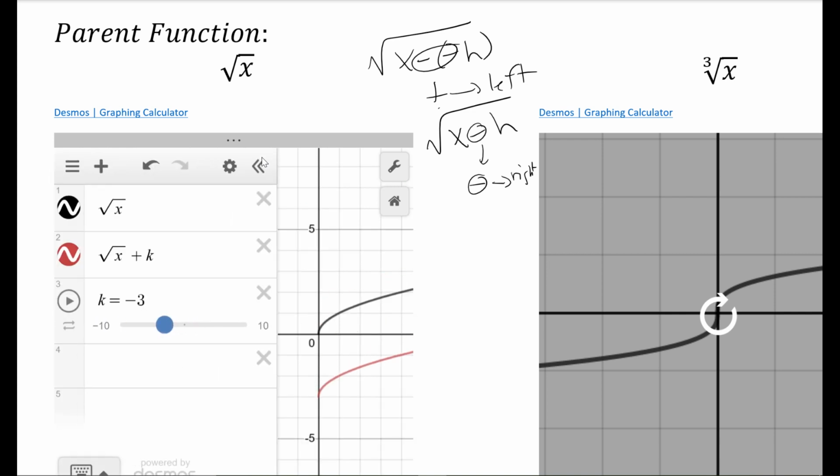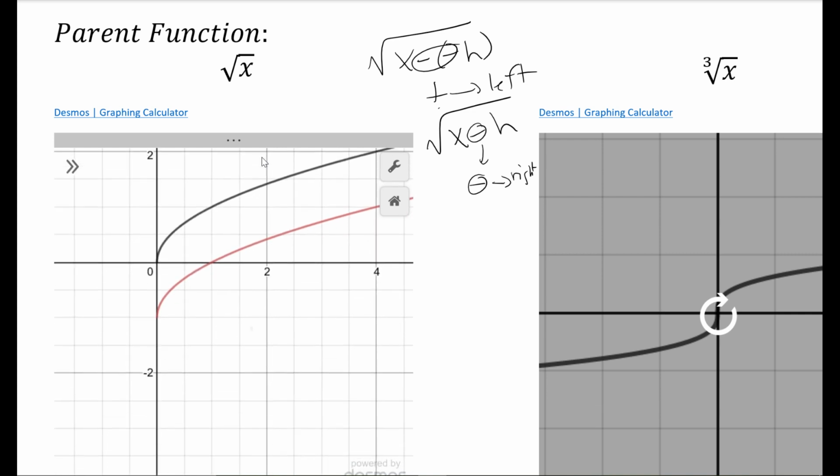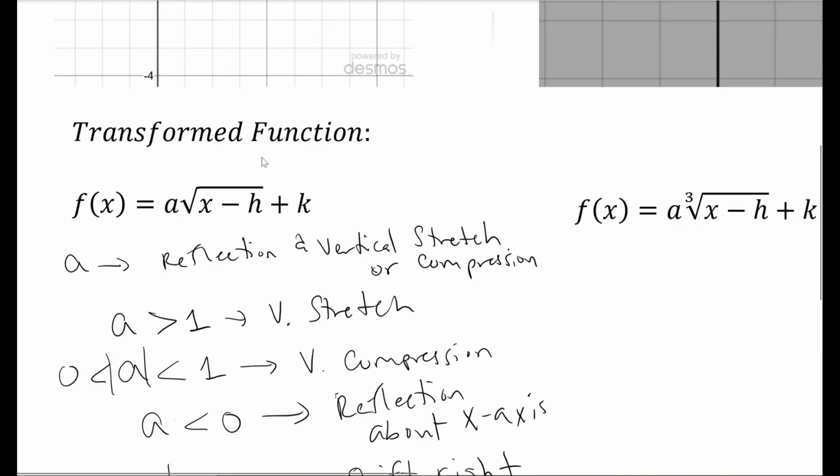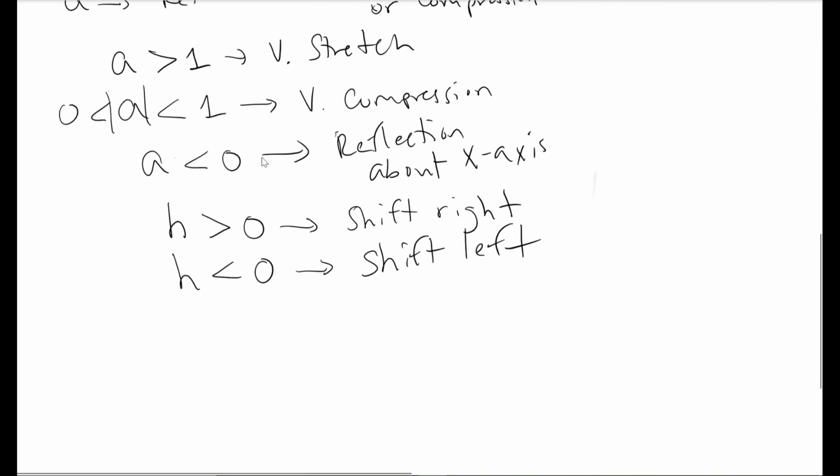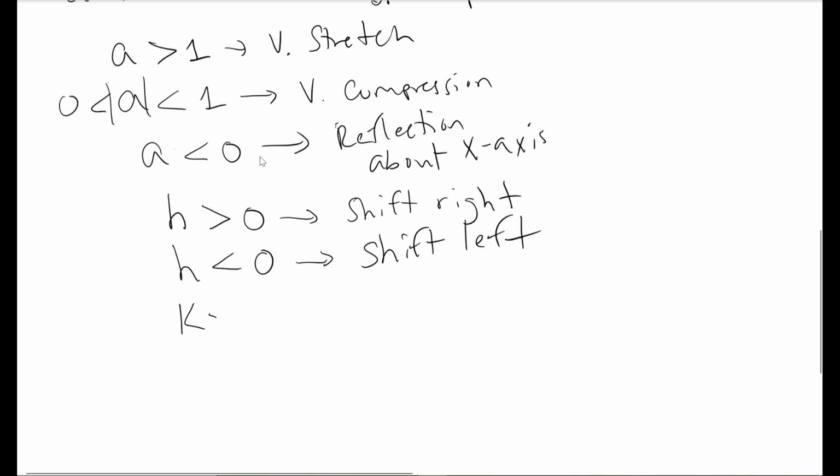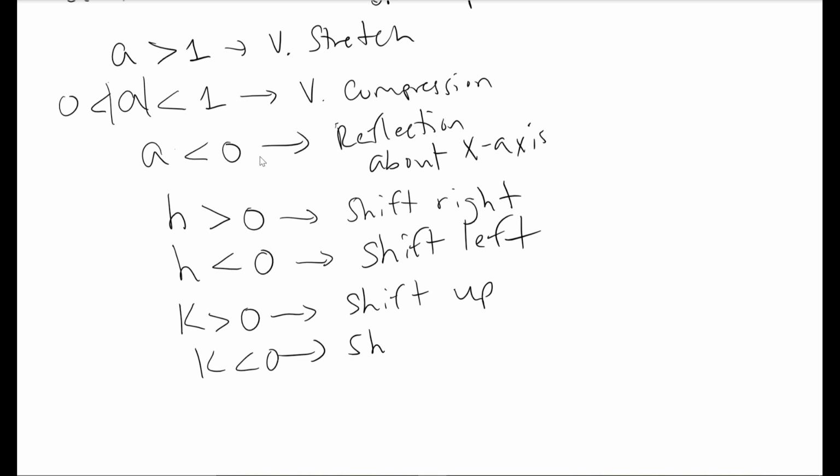If K were to be negative, let's say -1, then in that case it shifts the graph down. So the K stands for the vertical shift. K is pretty straightforward. If K is positive, then it's a shift up. If K is negative, it's a shift down.